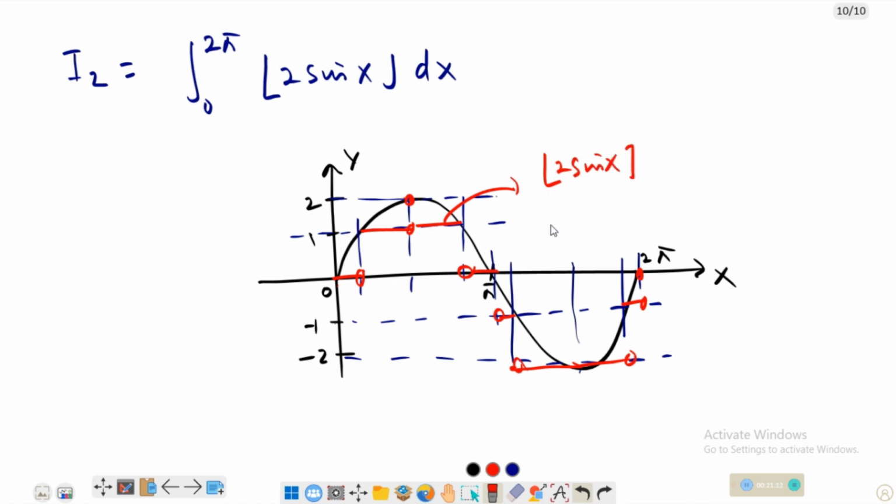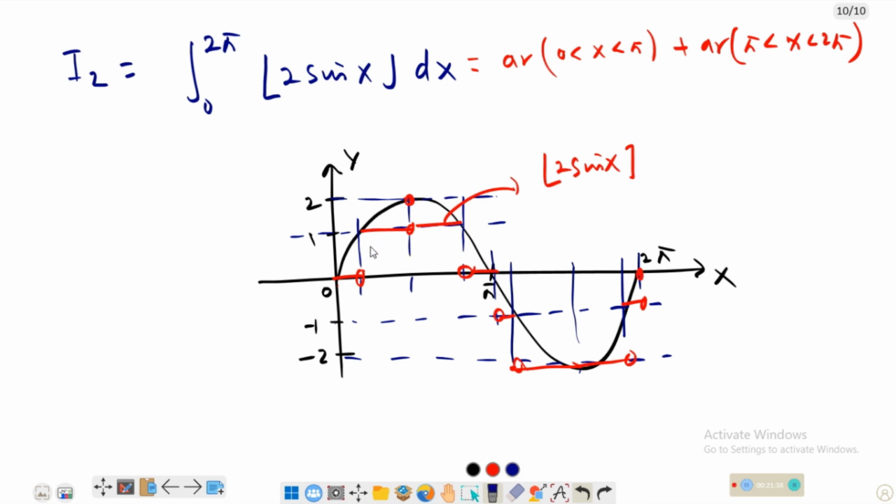So this integration is equal to the area between 0 to pi plus the area between pi to 2 pi.